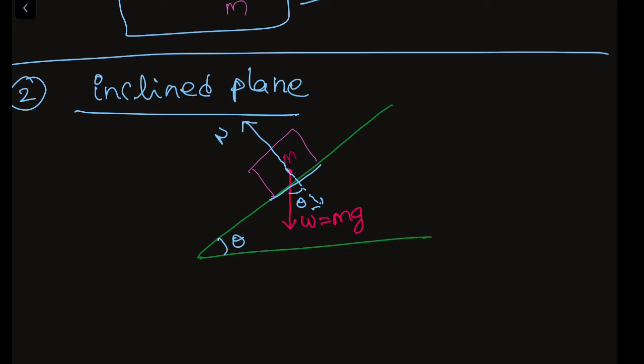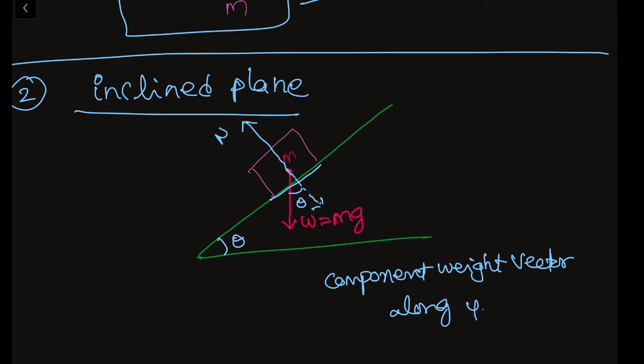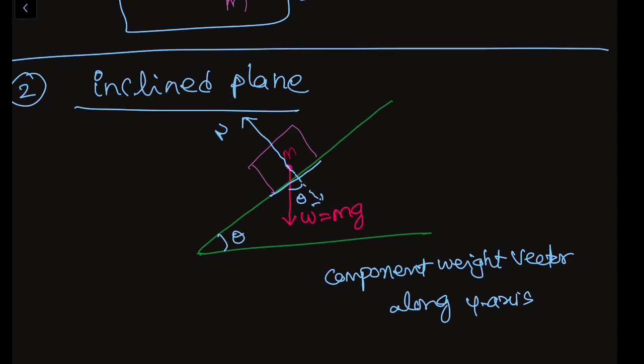Now the component of the weight vector along the y-axis is mg cos theta, and in the opposite direction, mg sin theta. I will explain how it comes, children.